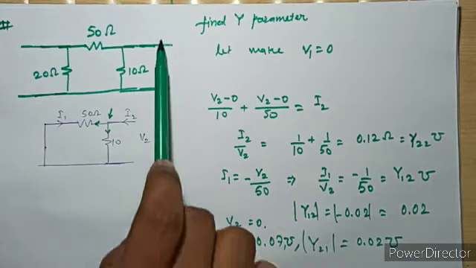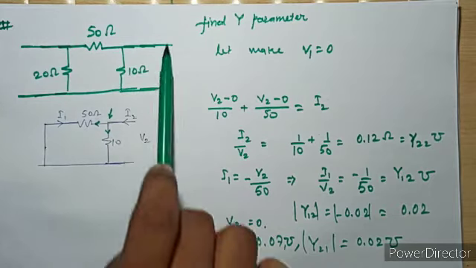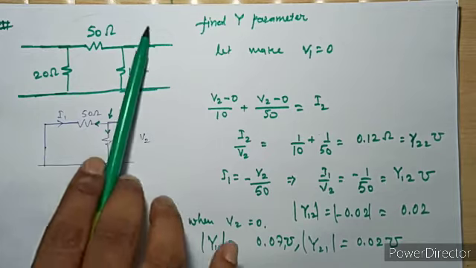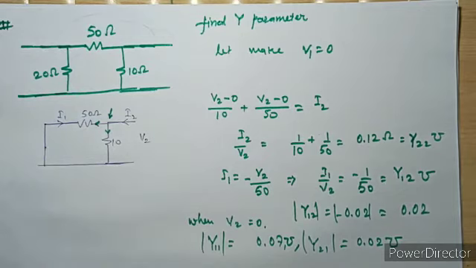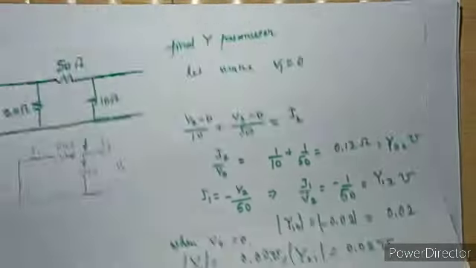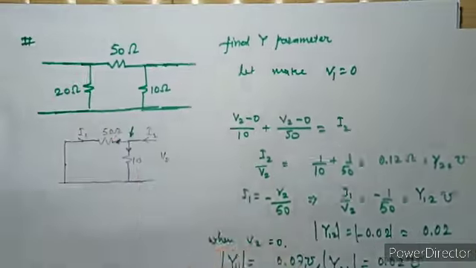Now, this form or this type of representation is called a pi network, right? So this is a standard form of pi network, and if a circuit is given in pi network and it is asked to find the Y parameter, then there is a shortcut. And what is that trick? This is basically the standard form for Y parameter.